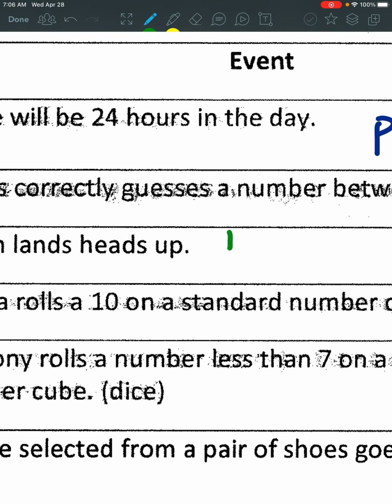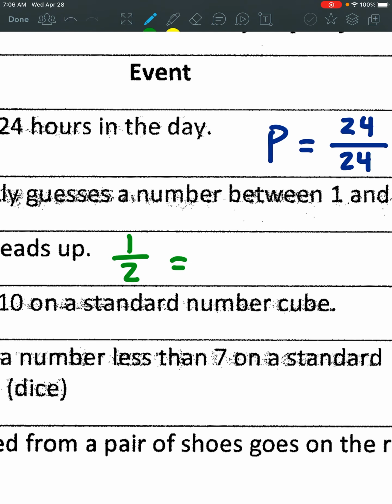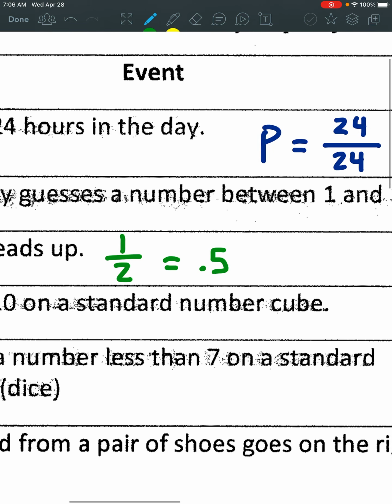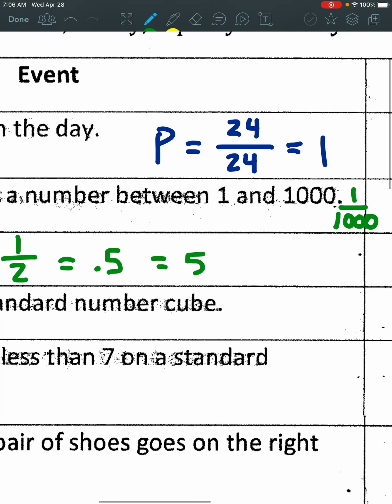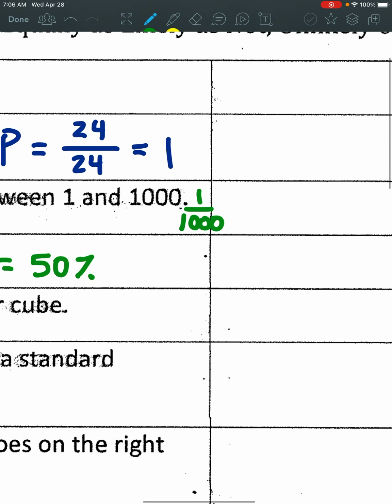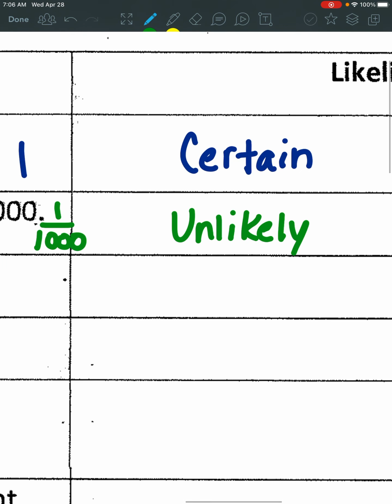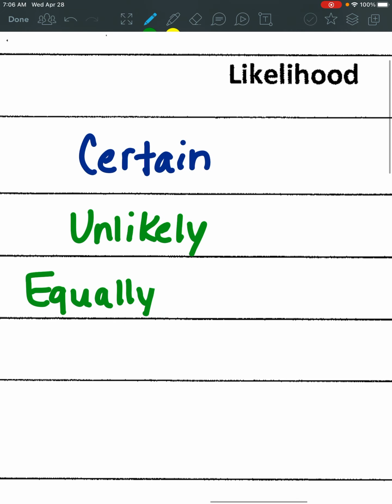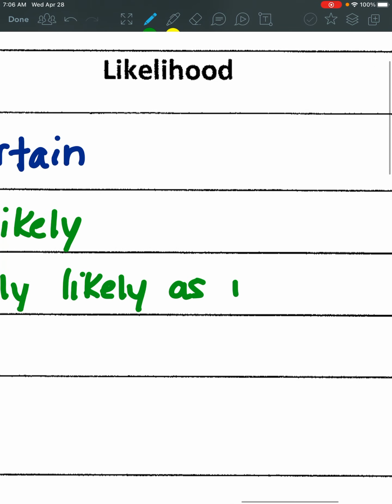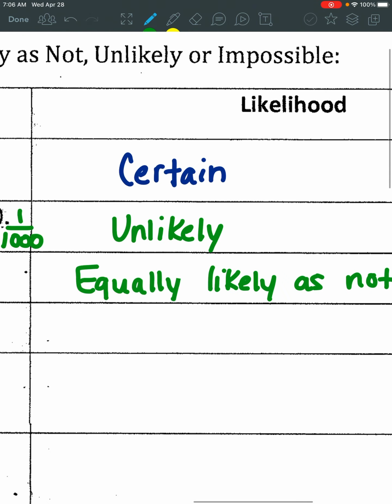So heads, there's 1 head on the coin out of 2 possible outcomes, heads or tails. So 1/2 is our 50% or our 0.5. So this is one of those that it's as equally likely as not. It's right in the middle.